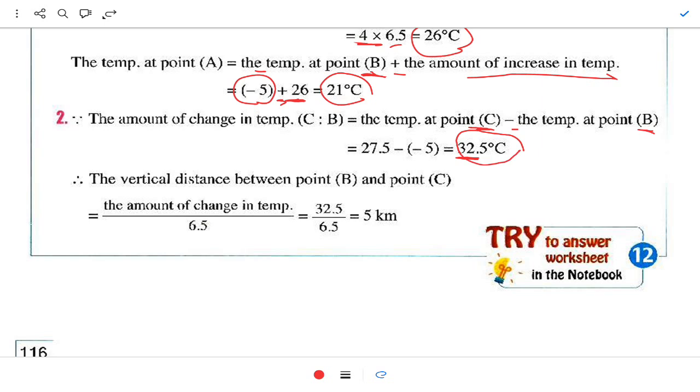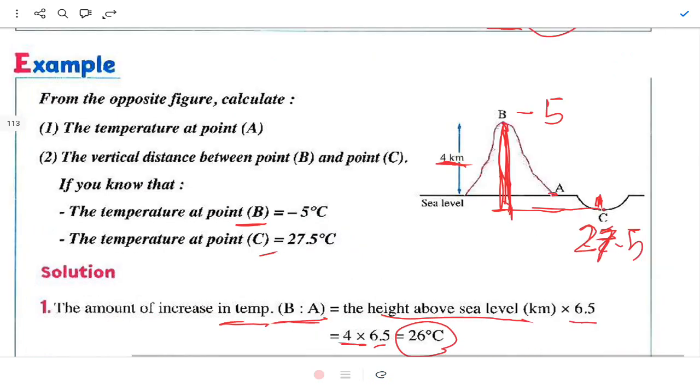We need the vertical distance between the 2 points. The amount of change over 6.5 would be 5 kilometers. So this distance is 1 kilometer, and 1 kilometer plus 4 equals 5 kilometers.